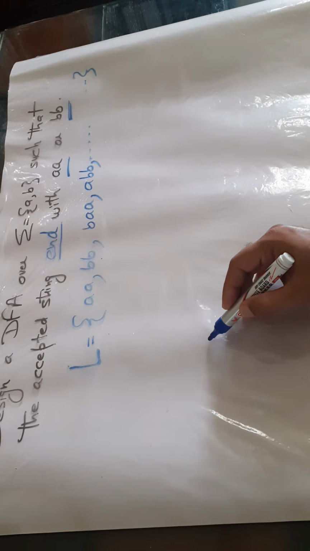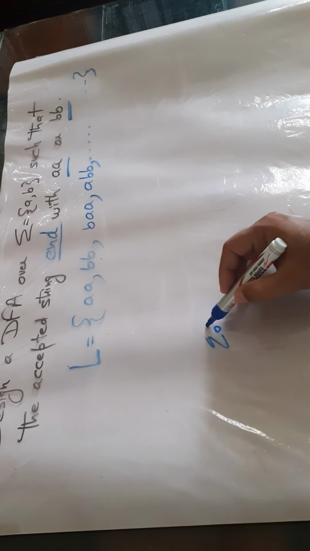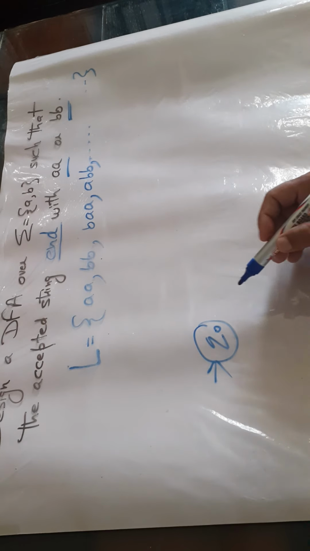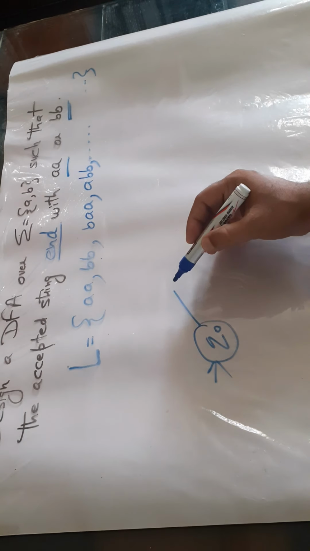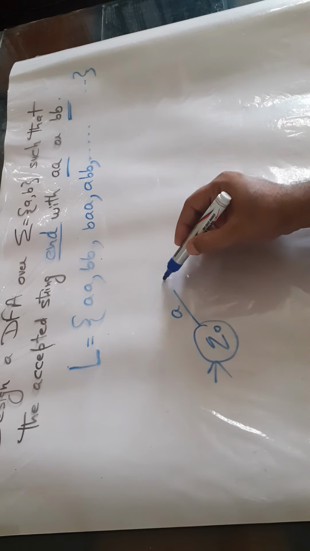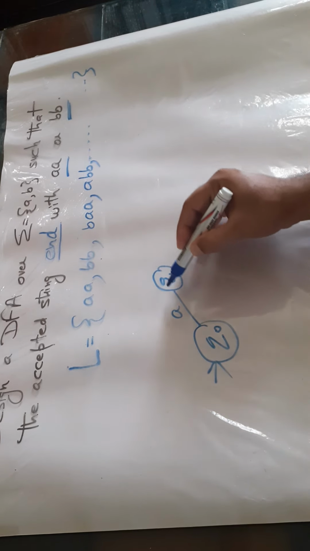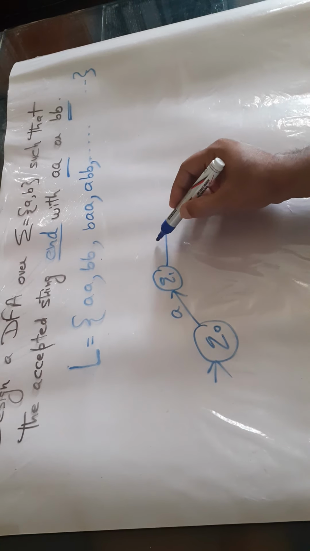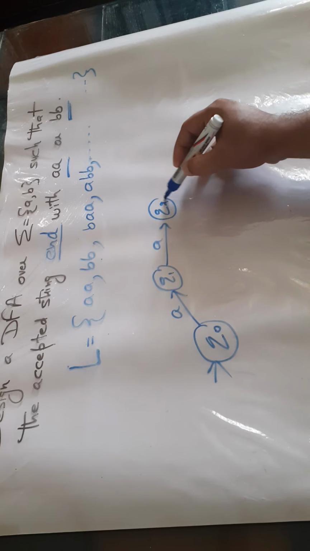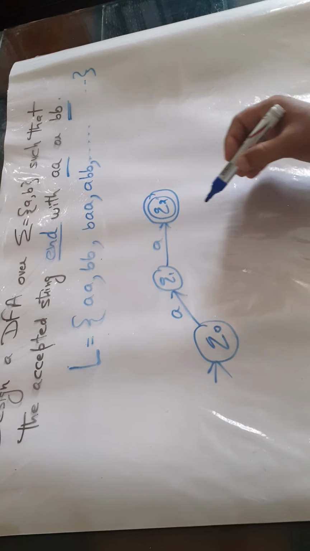So similarly, as done in the previous example, we have the initial state, and the first condition is the string must end with AA, and the smallest string in this case is AA itself. So we are going to accept this AA, and this is the final state in this case.